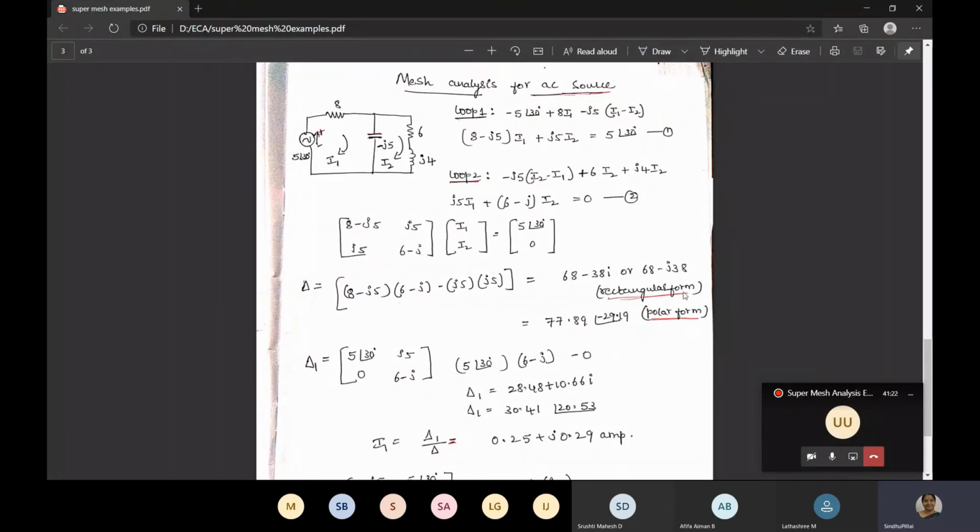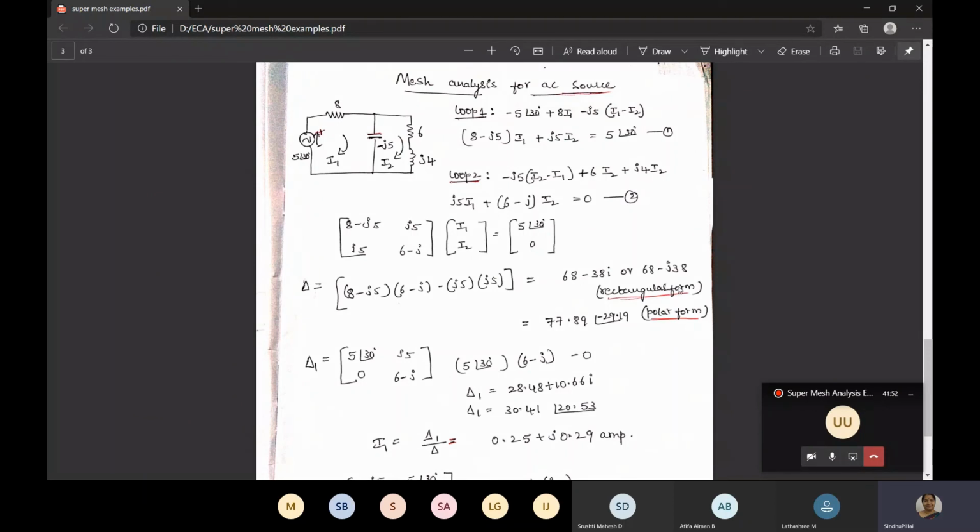If you want this answer in polar form, what you have to do? Again press shift and press the number button 2. Above 2 there is complex, CMPLX they have written. Press the number 2, when you press the number 2, you will get 4 options there. We have argument, we have conjugate, we have r at an angle theta, we have a plus bi. Since we already have rectangular form, we want polar form, so press the number 3.